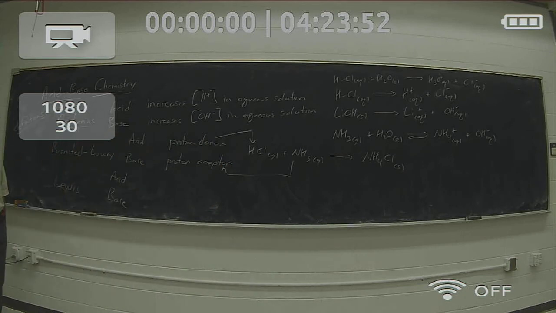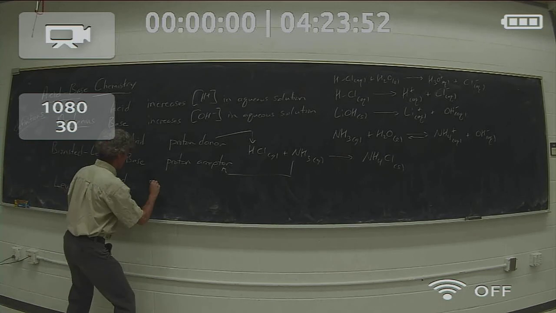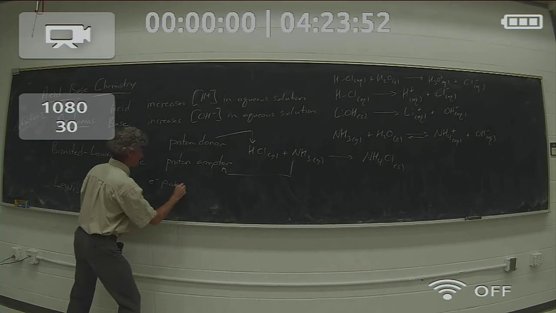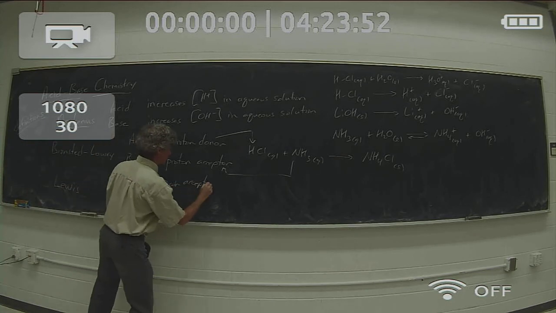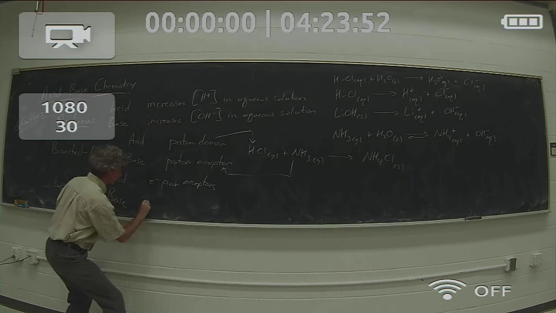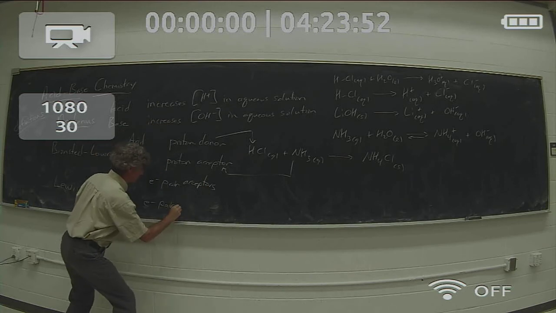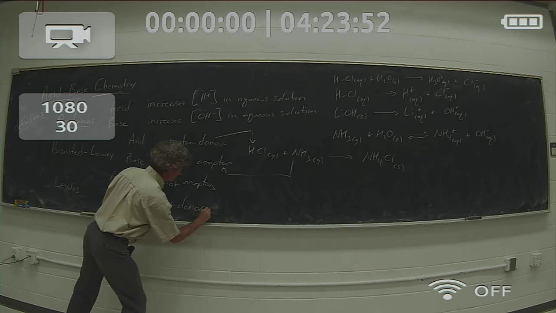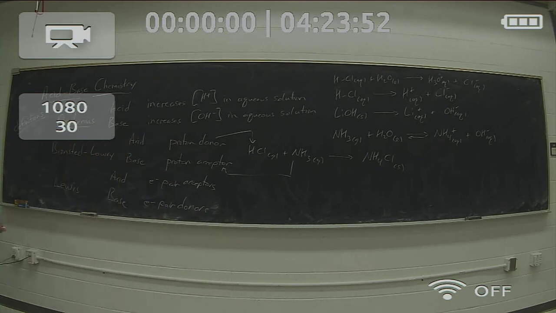Lewis acids are electron pair acceptors, and Lewis bases are electron pair donors. This expands the definition of acid. There are compounds that can act as electron pair acceptors, but accept something, right, that do not donate a proton, that don't have any protons.